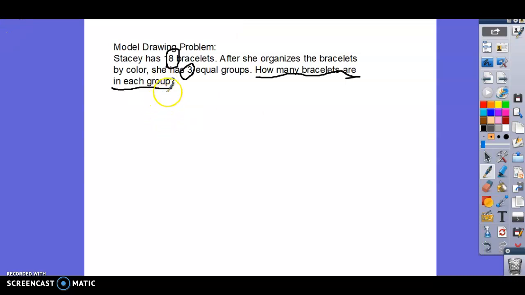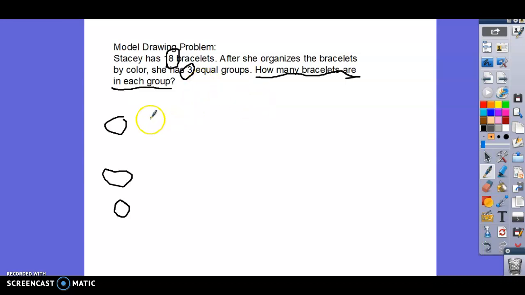I'm going to start with how many equal groups should I have? I should have 3. I'm going to make my array that has 3 groups. How many bracelets do I know that I have to have? Go back to our problem. What number did we circle? 18. Thank you. Elliot, you have 18, don't we?